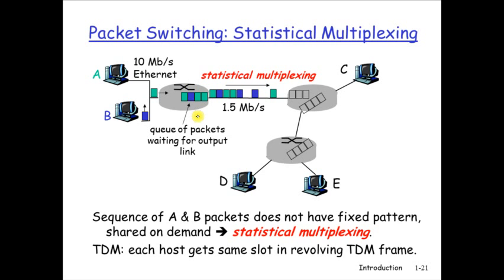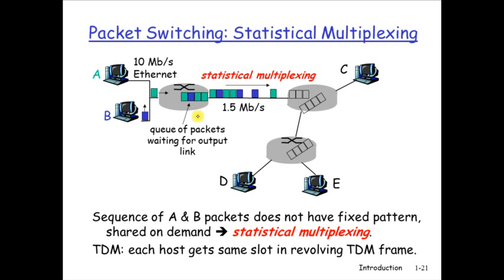No perfect pattern. It's not that I say you go first, then me, then you go first. So statistically, each user gets pretty much the same number of packets on the link and in the queue.